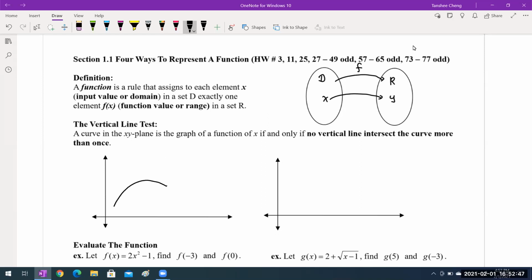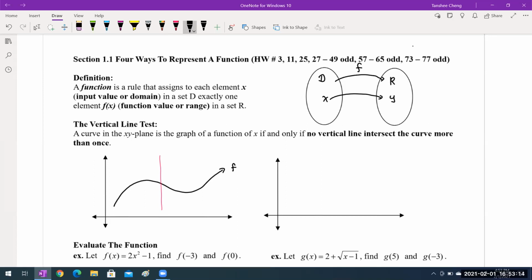For example, if I have a curve like this, I can name this as a function f, and we can simply use the vertical line test to see whether this is a function or not. If a vertical line passes through the graph only once, no more than once at any point, then we call that a function.